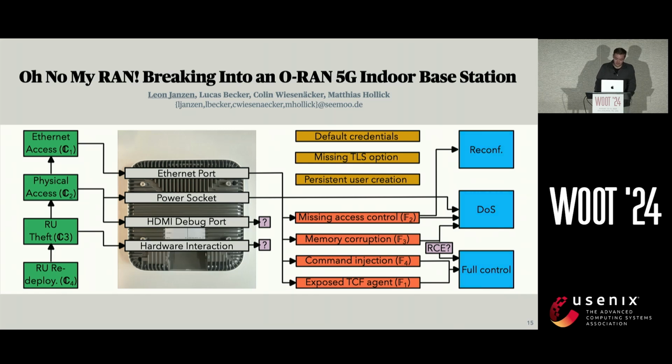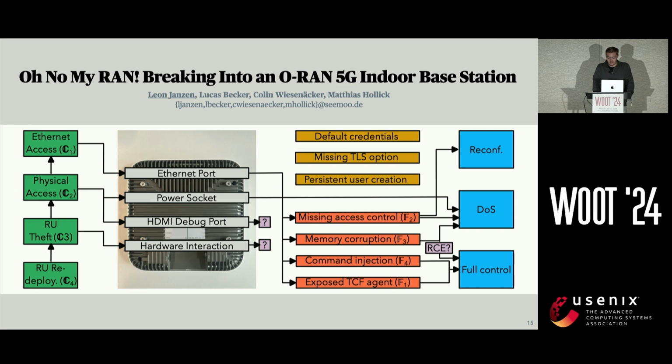To sum it up, this figure summarizes everything we discussed in our paper. Just quickly going over it from left to right, we distinguish these different capabilities within our new adversary model for indoor base stations. We discussed what you can do with the interfaces on the RU. The HDMI debug port is something for future work. We also didn't closely look into hardware interactions that are possible when stealing the RU to learn things, to maybe extract secrets.